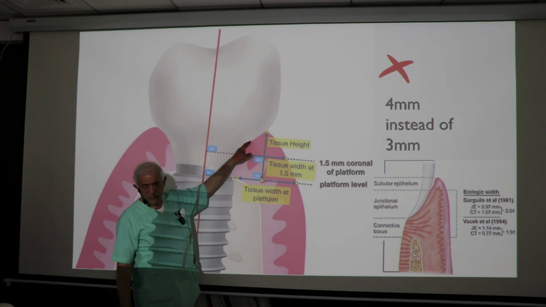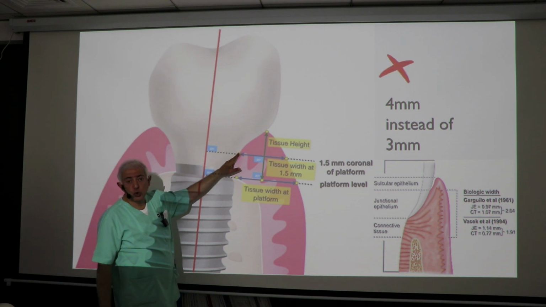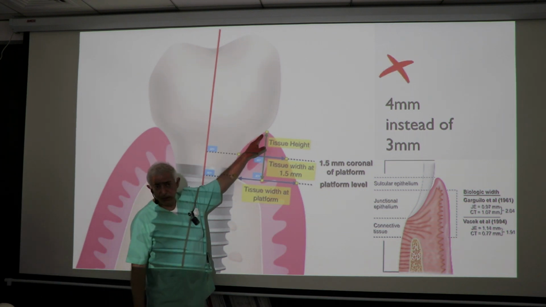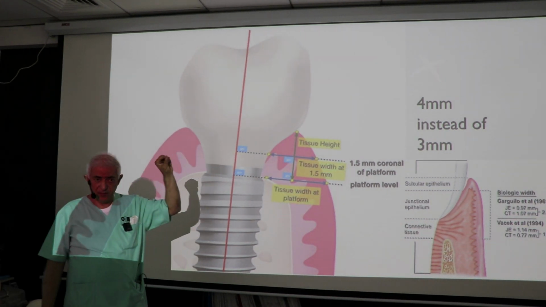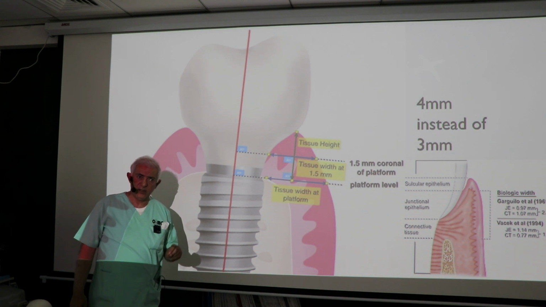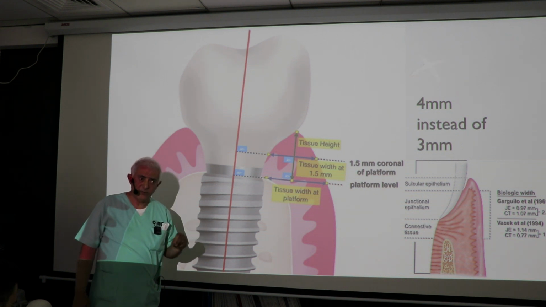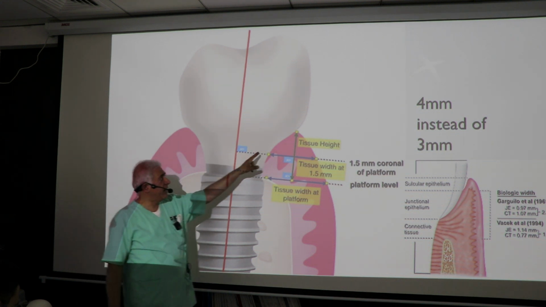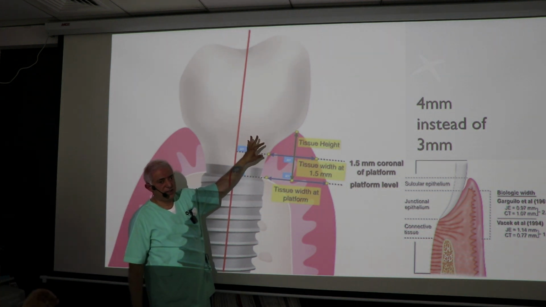From here, if there is zirconia, it should be glazed because you don't want calculus to stay there, or super polished so that the calculus cannot stick there. If it's not polished, you have to see this area should be extra polished, because this is where the calculus starts attaching.